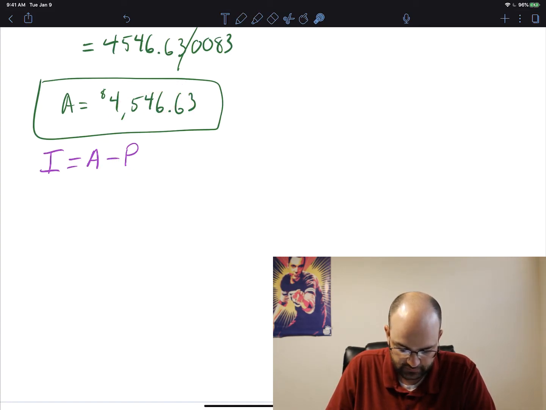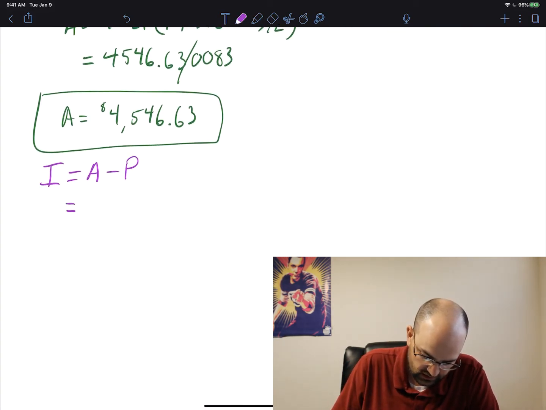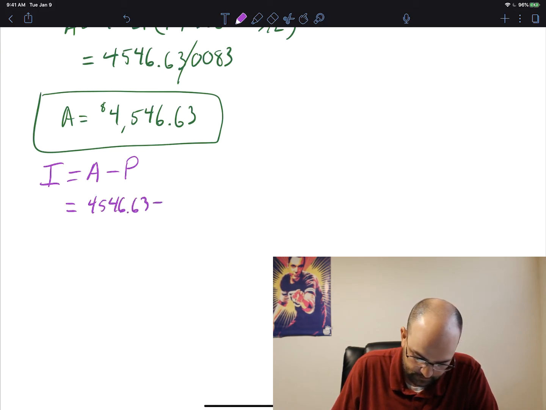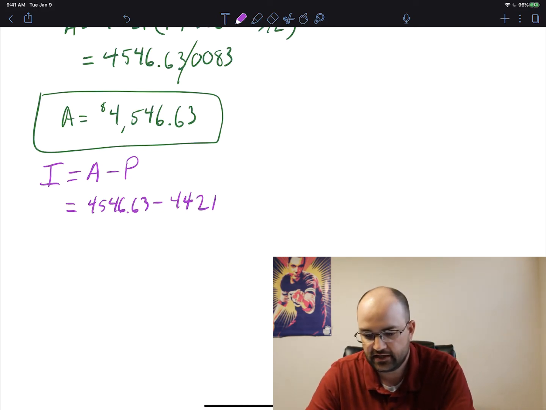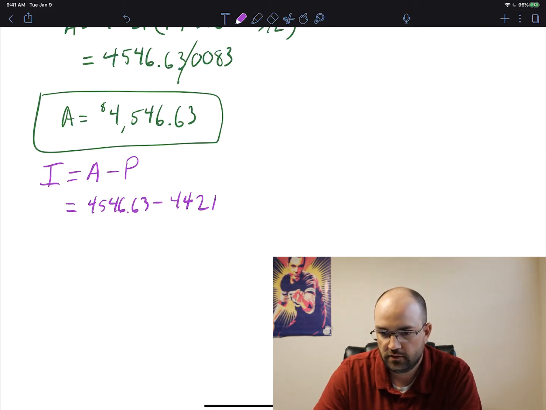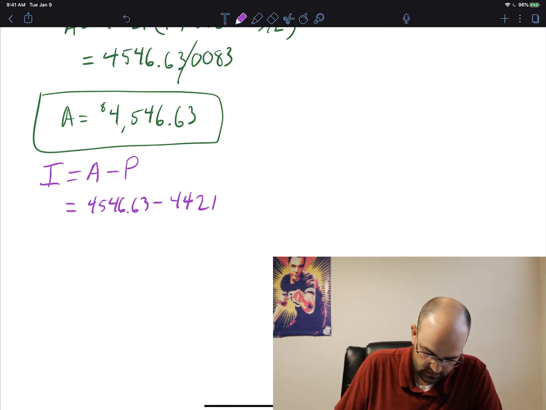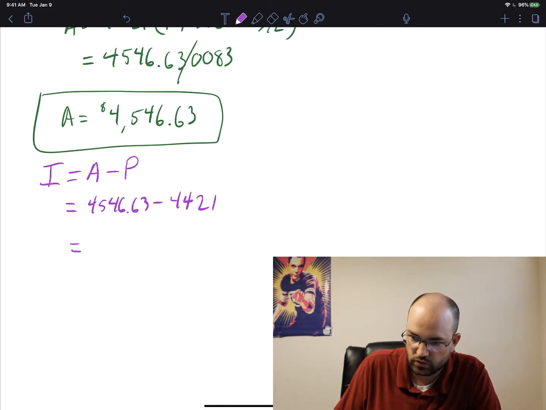So the maturity value was 4546.63. The principal was 4421. So the actual interest earned was simply 4546.63 minus 4421, and that's going to give me 125.63.